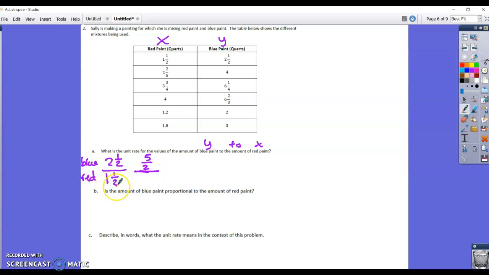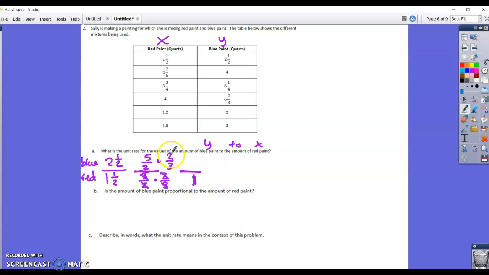Okay, so 1 times 2 is 2 plus 1 is 3, so 3 over 2. Unit rate meaning 1 in the denominator. So multiply by the reciprocal. These will cancel and these will cancel, giving you 1 in the bottom. And if you do it to the bottom, do the same thing to the top.